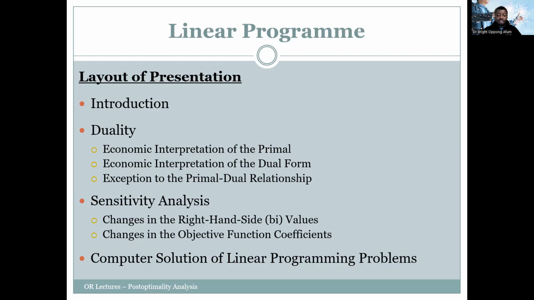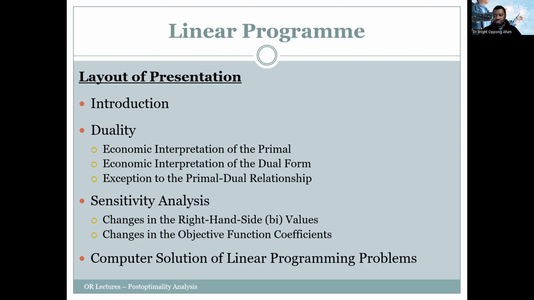Then finally, we shall employ computer solutions in handling linear programming problems. We talk about the variables. When it's more than 2, you cannot solve using the graphical method. However, the simplex method may be more complex, may be more confusing, especially if you have more variables like 5, 6, 10.